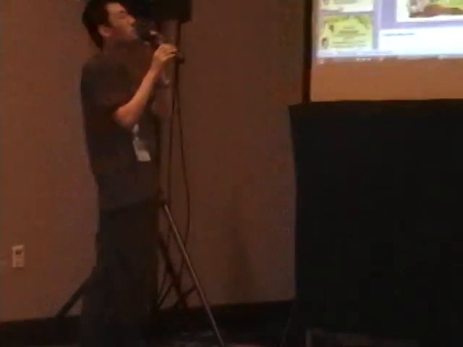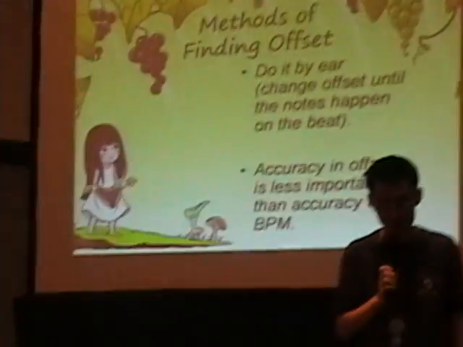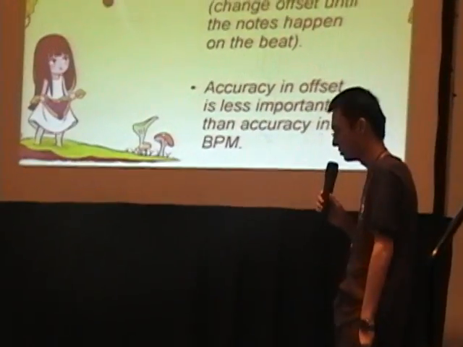And once we find the BPM, we have to find offset. Now, I know there are programs out there for finding offset, but there's a reason I don't really like to use them, and that's because different computers read BPM the same, but they might read offset differently. There's a different lag between different computers when you push the key and the computer actually reads the key.